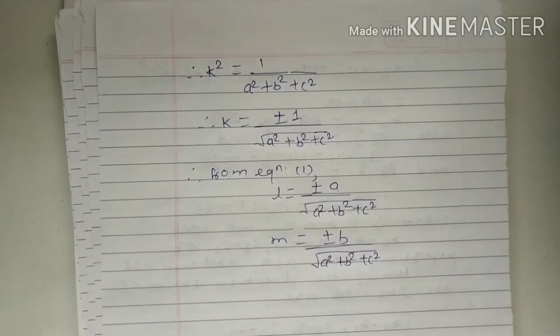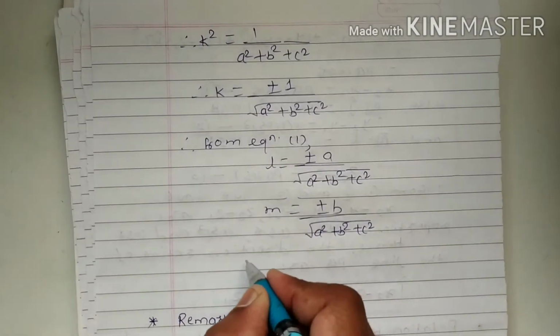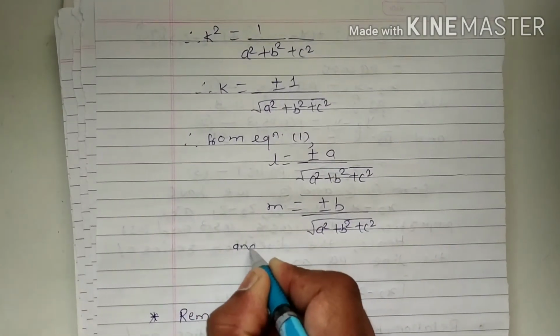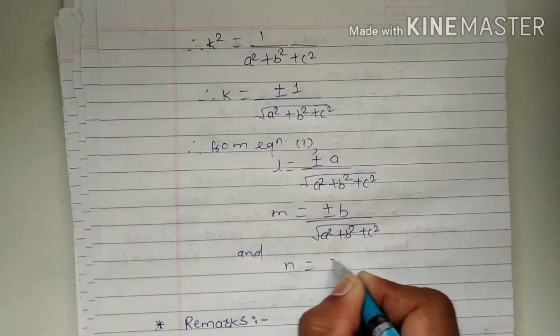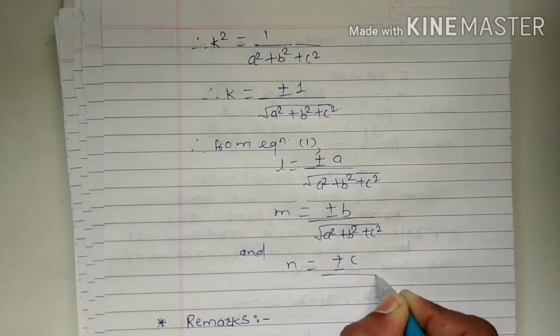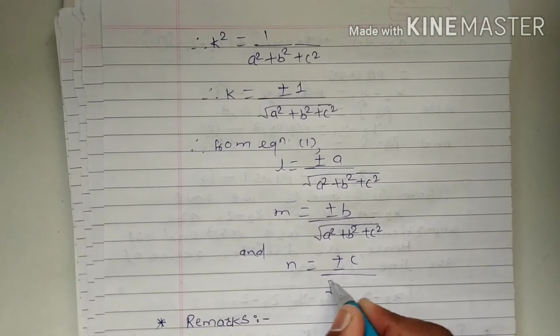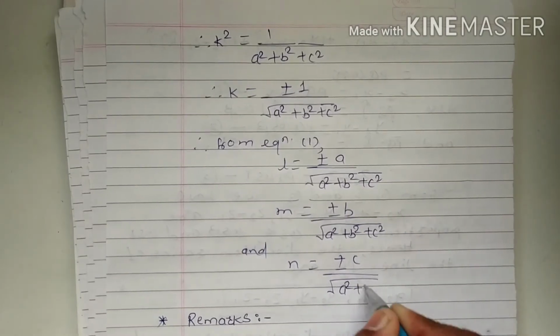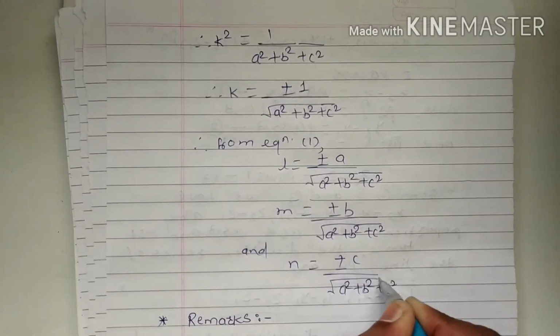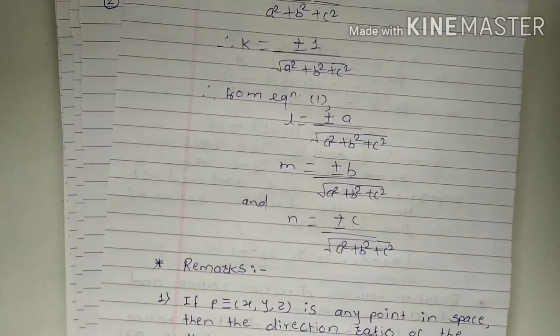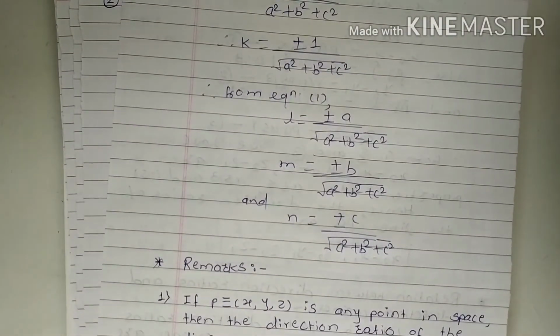And the last term n is equal to plus or minus c divided by under root a square plus b square plus c square. We write the values of l, m and n.